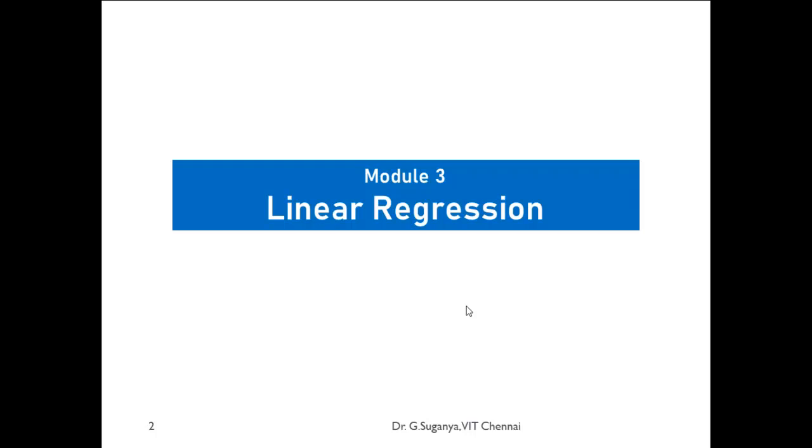If it is going to have continuous numeric values, we say the class of algorithm that you want to follow is a prediction algorithm, which is nothing but a regression algorithm.